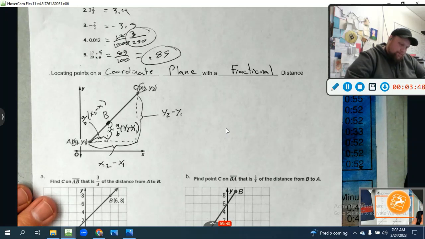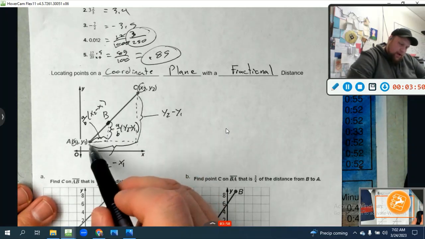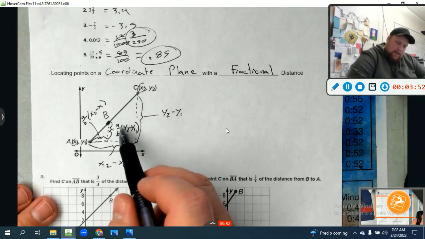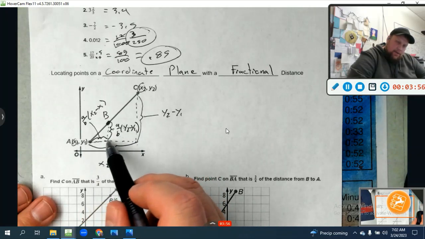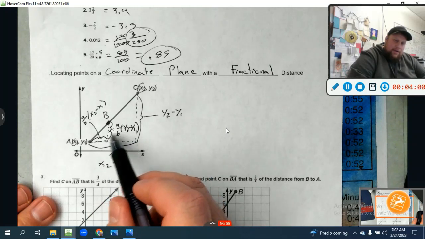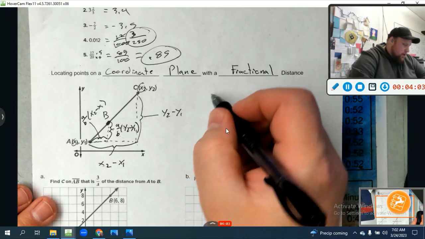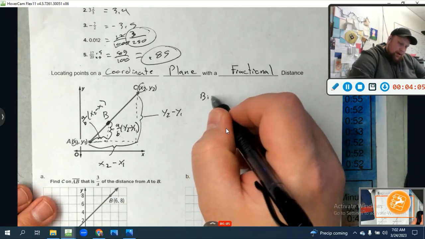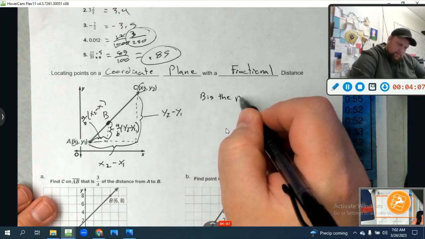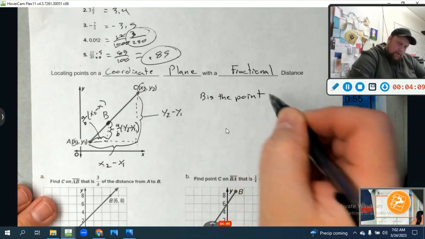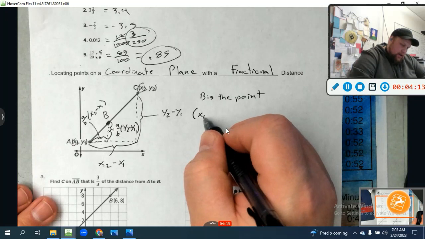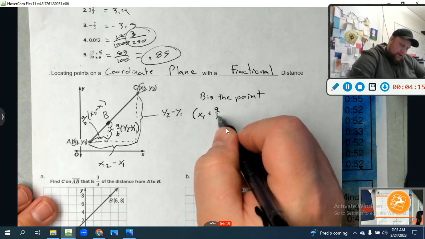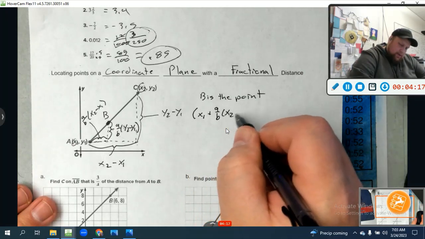No. And if I really want to find it, I've got to take whatever that distance is and add it to the original. So for the horizontal, I add it to the original x to get the x value there, and I add this distance to the original y value. So B is the point, and that point is our x1 value plus the fraction times the distance between the 2 x points.